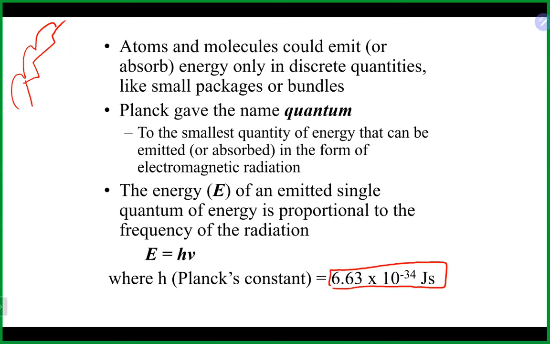Joules is a unit of energy, and seconds is time. Here is the frequency. So in terms of units, we have joules times seconds times 1 over seconds. The seconds cancel, and when you do this calculation you end up with units of joules when you calculate that energy.